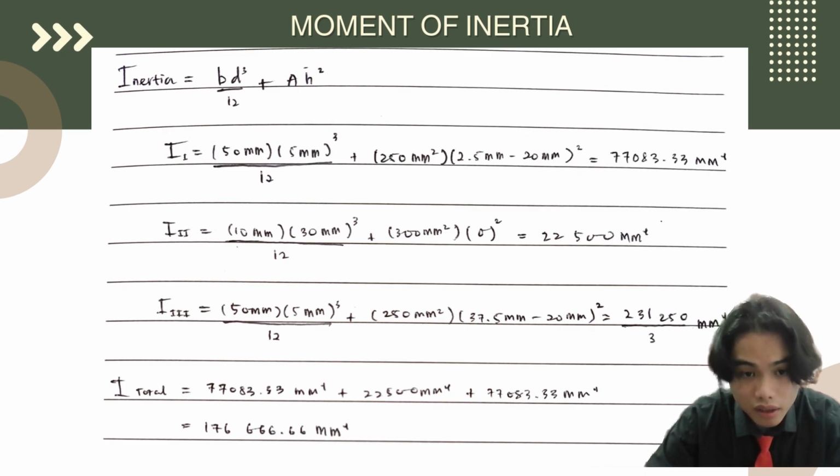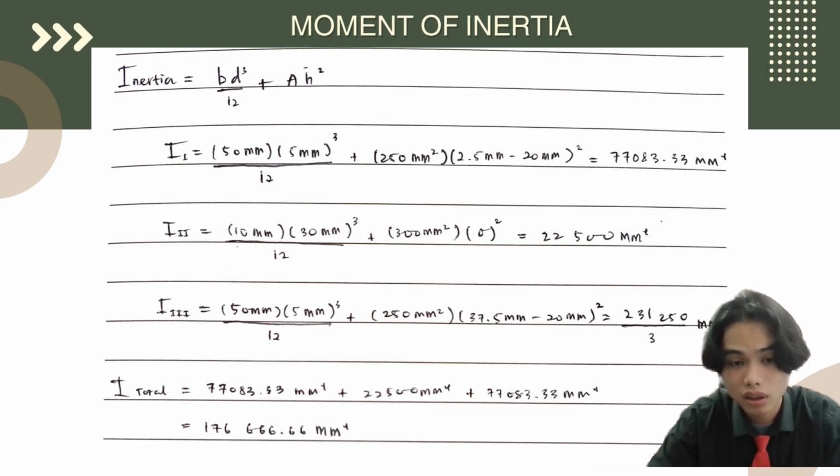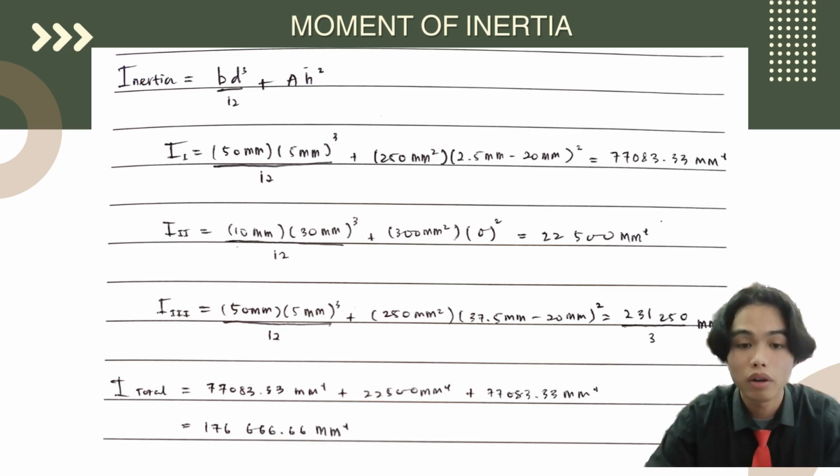And then the final inertia I get by summing all the section inertias is 176,666.66 millimeter to the power of 4.